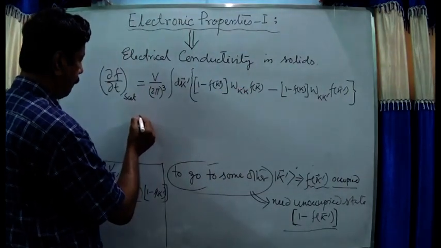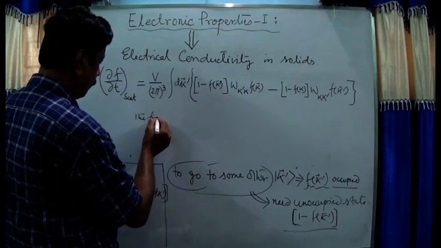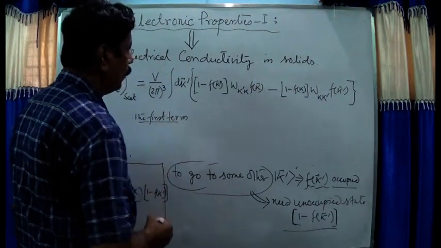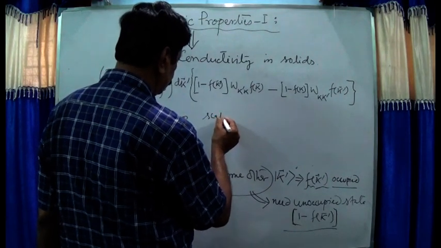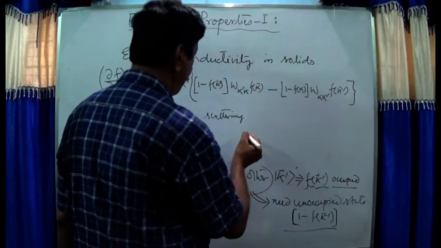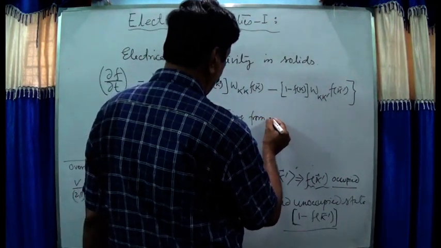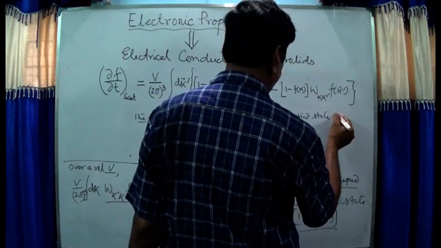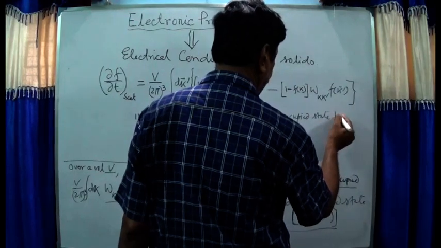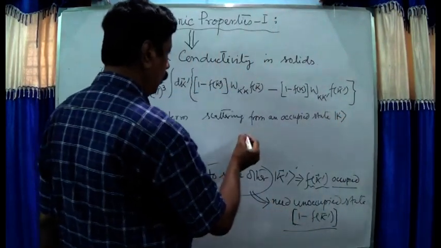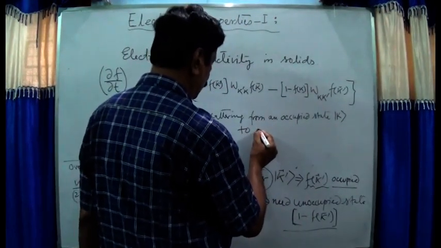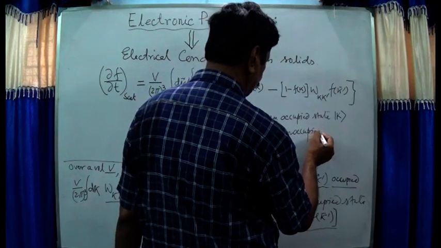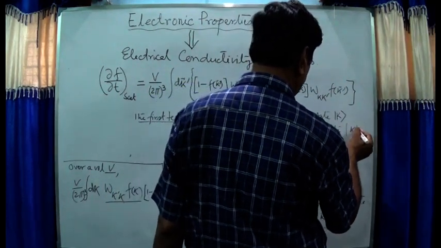Here the first term indicates scattering from an occupied state labeled by k to some unoccupied state labeled by k prime.